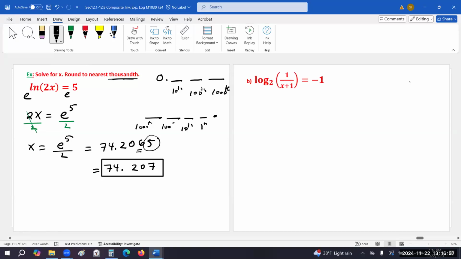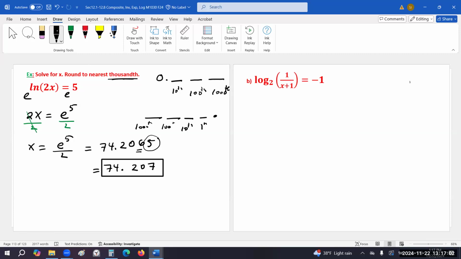Okay, same thing, but this time it's with log. We have log on one side, no log on the other side. So you cannot cancel the log. That means we have to combine. What are you thinking?